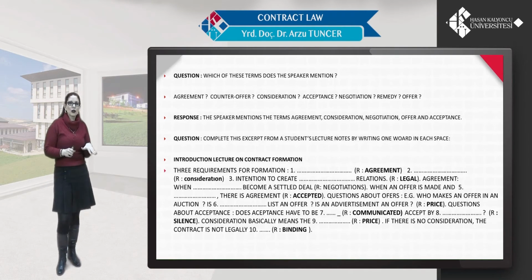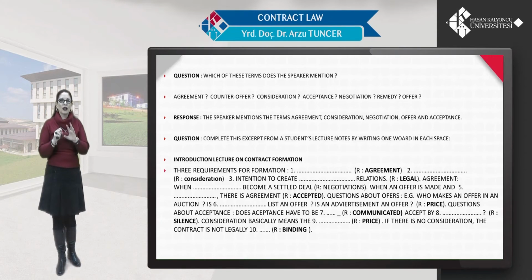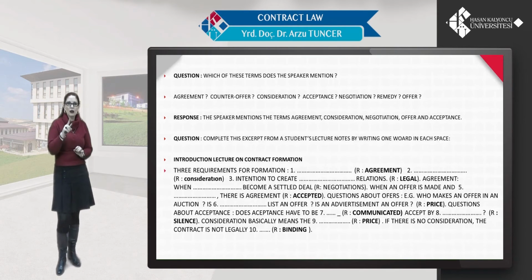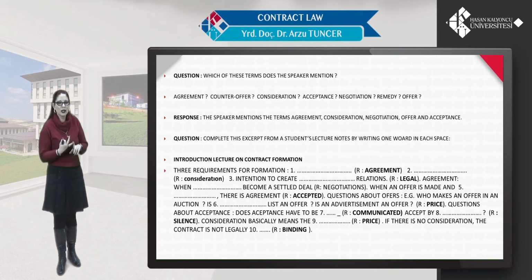Complete this excerpt from a student's lecture notes by writing one word in each space, okay? So, we are talking about the introduction lecture on contract formation. Three requirements for formation. One, we have agreement, consideration, and intention to create legal relations.